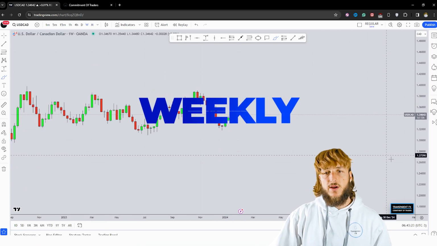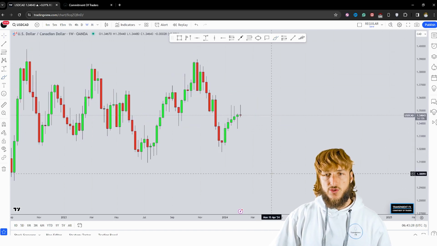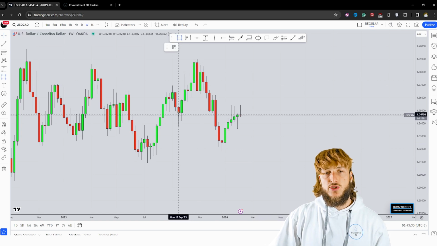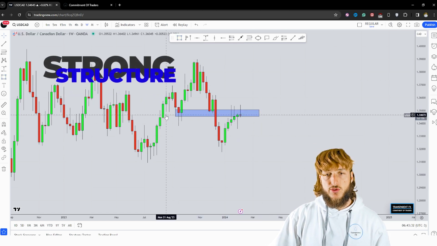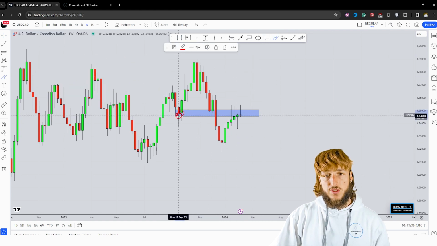Dropping down on the weekly time frame, what do we have? Now, here on the weekly time frame, the situation is quite clear. We have a market which has very important structure exactly at this zone. In fact, from here, we can notice how all this previous rejection to the upside was created.